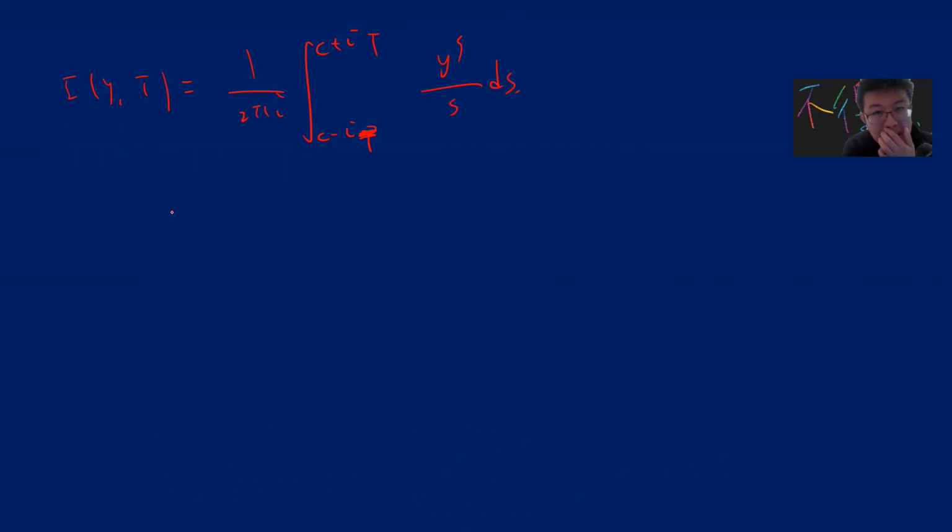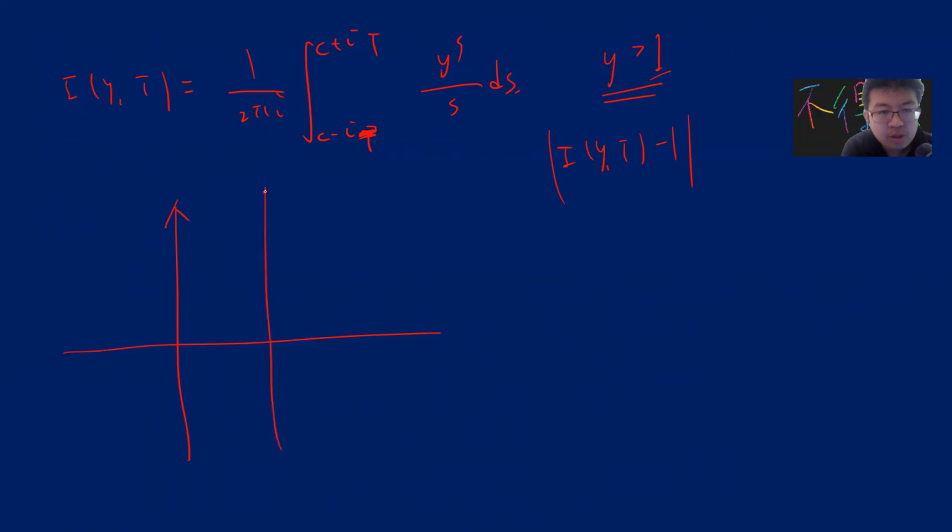Okay, so let's assume that y is greater than 1, and I want to find this. I know that if I take the left hand side contour, I will get something, right? But let's choose this contour to be, let's say, c plus it, c minus it.